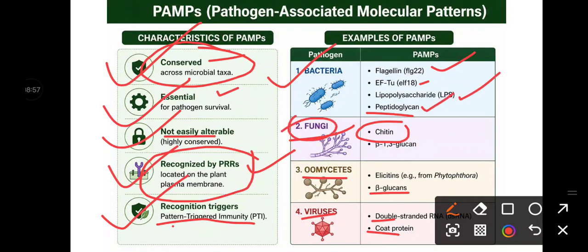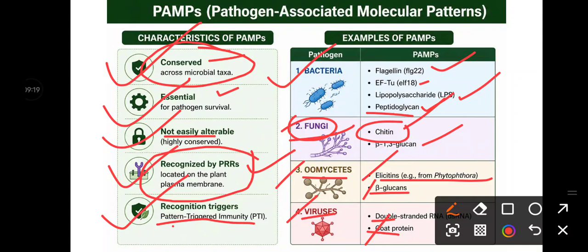In fungi it is chitin, then beta-1,3 glucan. For the oomycetes it is elicitin, very specific for Phytophthora, and beta glucan. For the virus it's double-stranded RNA or DNA or nucleic acid, and the coat protein. Okay, so these examples are important for MCQ based exams.